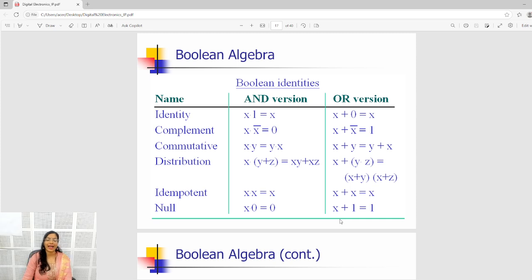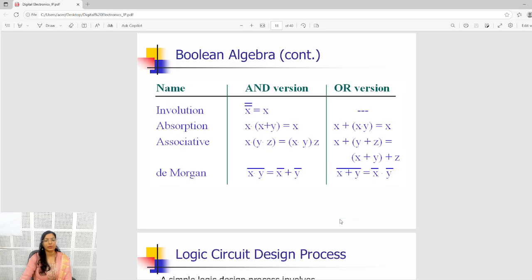The idempotent law says that x dot x equals x and x plus x equals x. The null law says that x dot 0 will be 0, whereas x plus 1 will be 1. The involution law says that x double bar will be x. So the double bar of any digit will lead to the digit itself. For example, 0 bar is 1, but 0 double bar will be 0 itself.